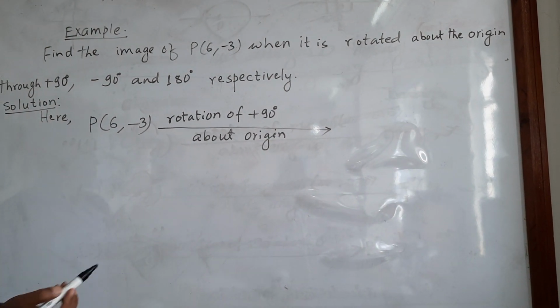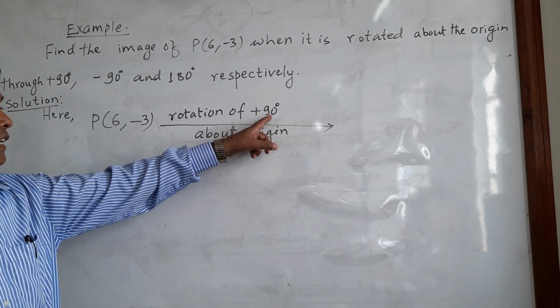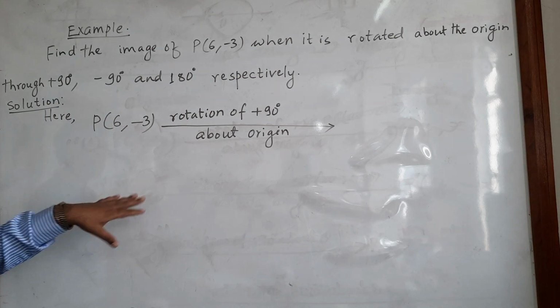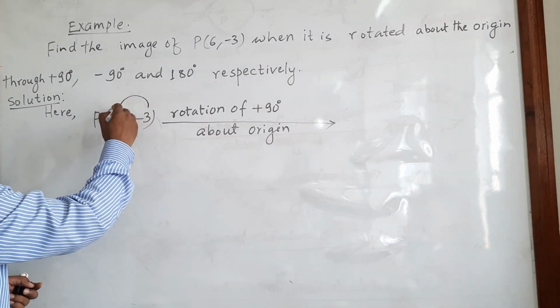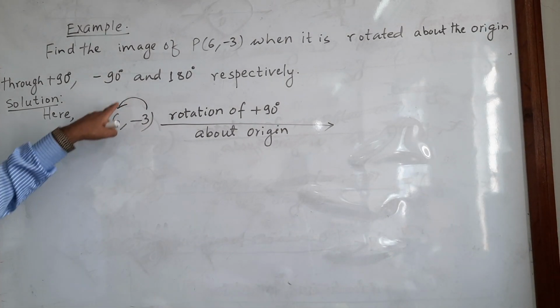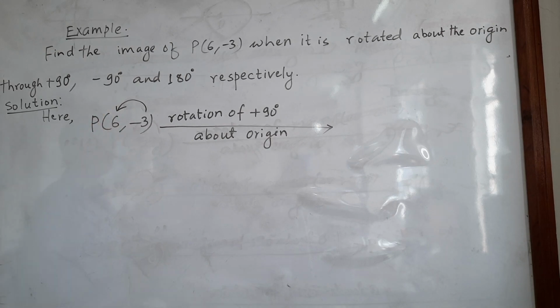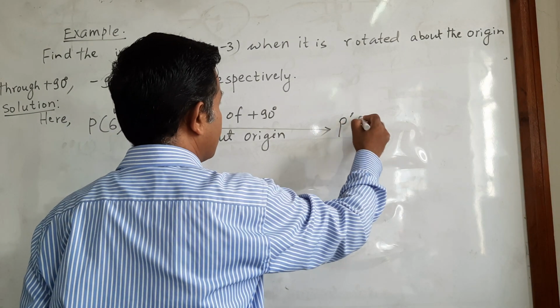If you have to rotate about the origin through 90 degrees in anti-clockwise direction, imagine rotating in anti-clockwise direction. No need to write the formula. You can just imagine rotating this. You can make an arrow like this, and it will be easier for you to find the image P dash.